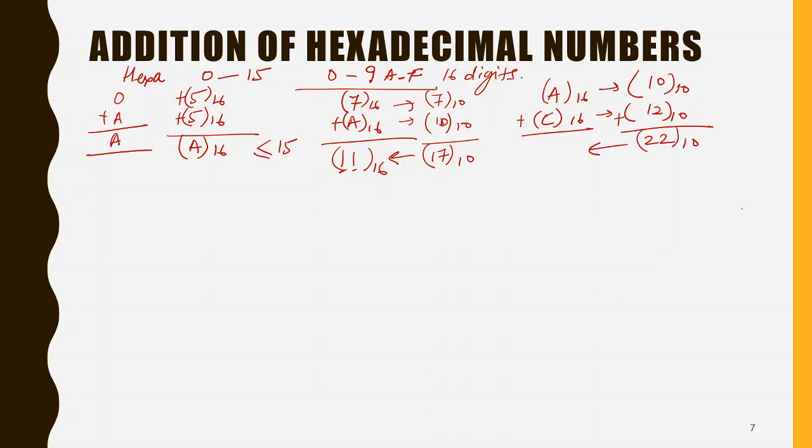If you want to convert it into hexadecimal, this is 16 and 6 is left. 16 in hexadecimal gives you 22 in decimal. So A plus C becomes 16 in hexadecimal. So 6 you will use as a digit and 1 will go to the carry.